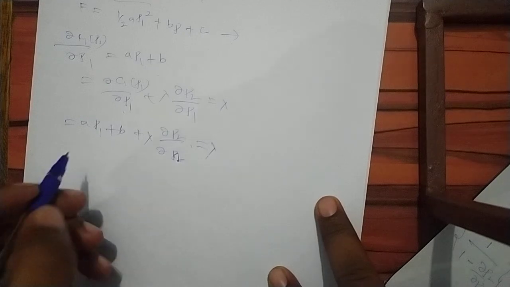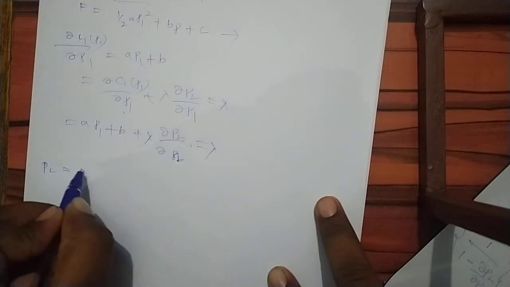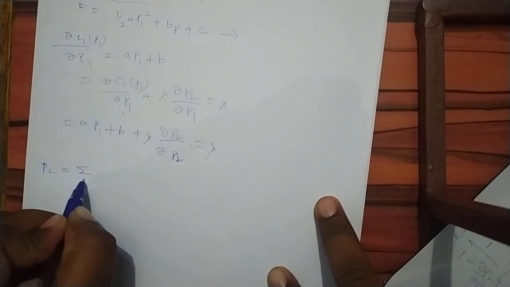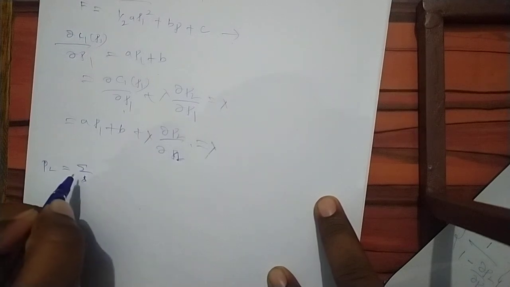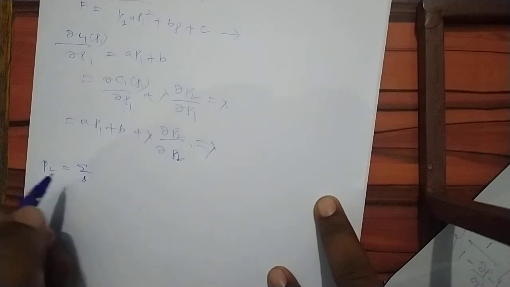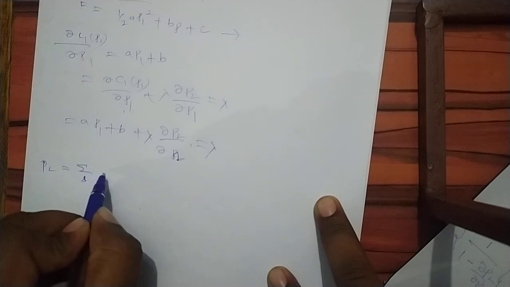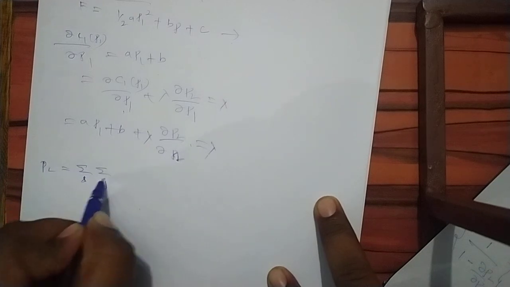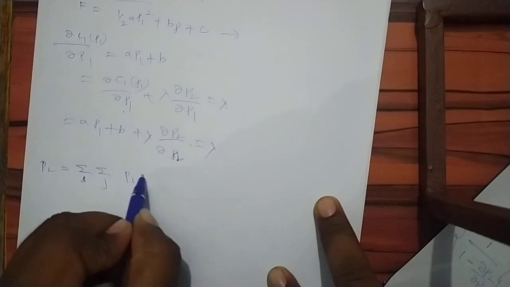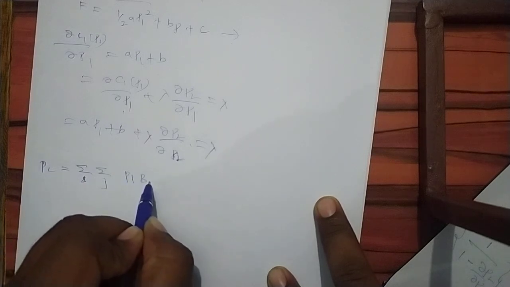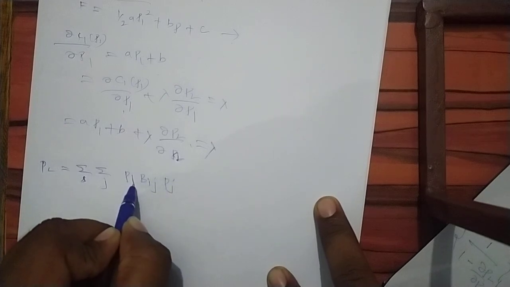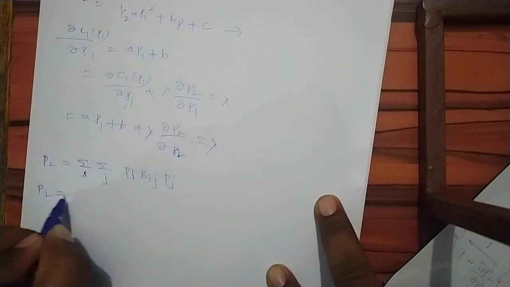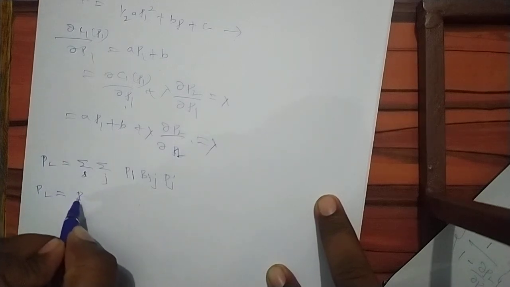Now we know the expression for PL, already discussed in previous lectures and in the power system subject: it is the summation over i, summation over j, of Pi Bij Pj. If you expand this transmission loss, consider i as 1 and j also 1, then P1 B11 P1.